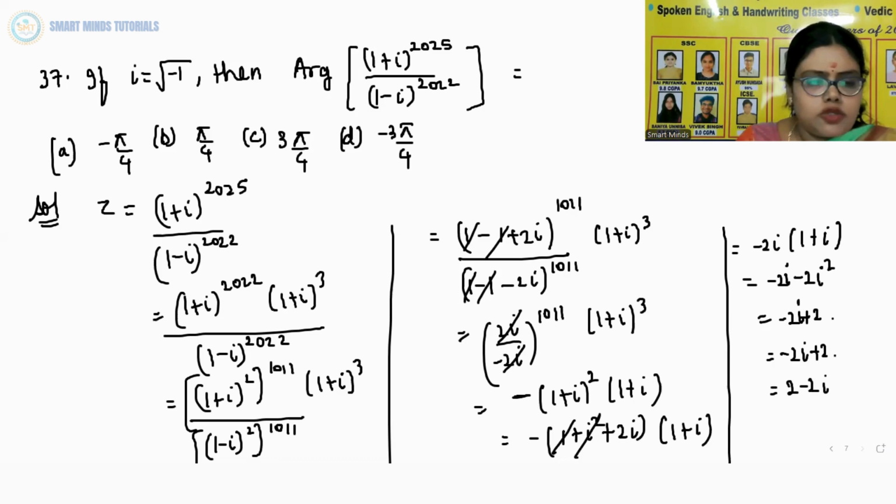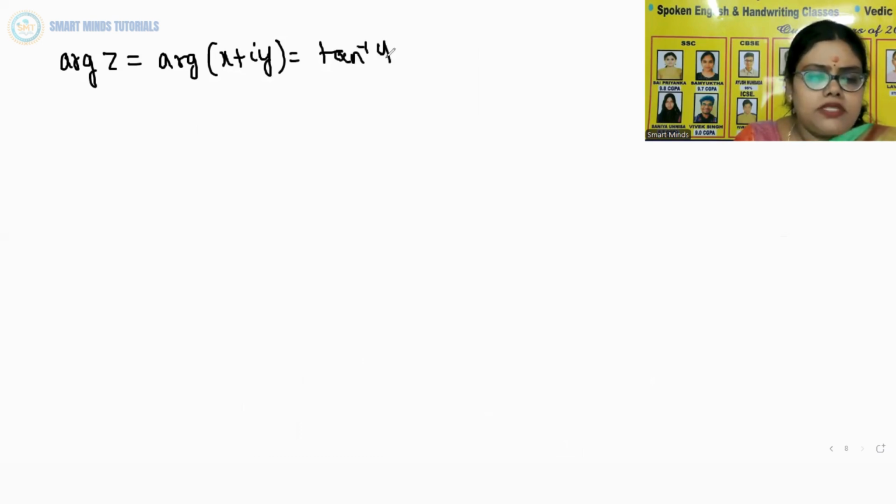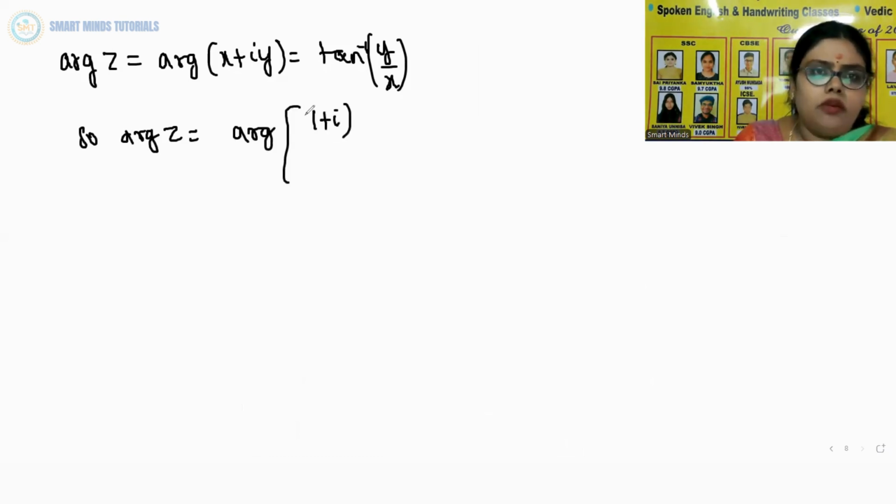Now we need to find the argument. So as I told you, we need to find out the argument. So we know that argument z is equal to argument x plus iy. So the formula for argument is tan inverse y by x. So argument z is equal to argument of 1 plus i whole power 2025 by 1 minus i whole power 2022.